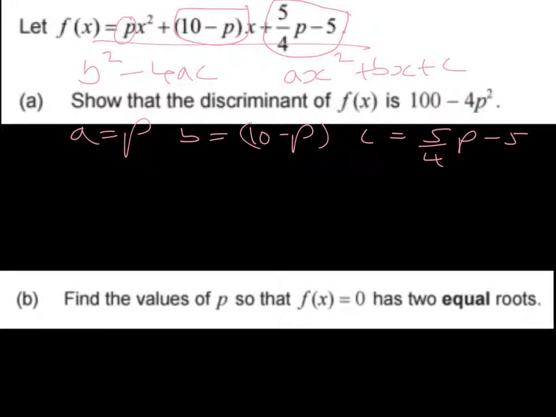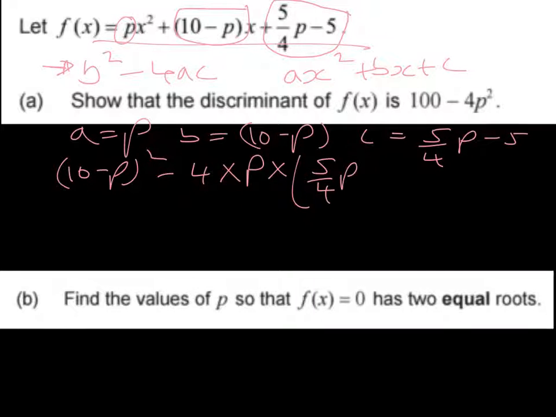So substituting those into the discriminant up here, we get b squared, which is going to be 10 minus p all squared, minus 4 times a, which we said is p, times c, which we said is 5 over 4p minus 5.